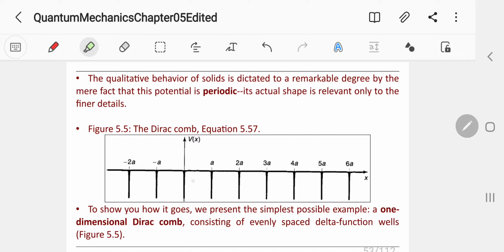So if you have an electron here, it will experience a potential which is the same as when it is put here or here or here. So the difference is just the locations of the region. For example, the electron will experience the same thing here as when it is put here or even here, but the locations are different.